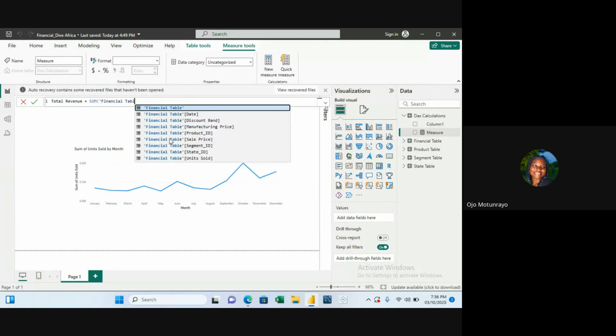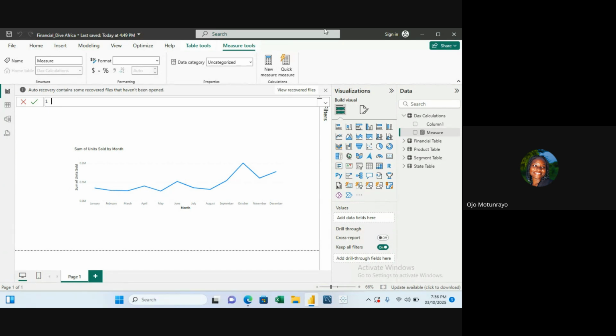But since it's like this, let's just go back to our transform data. Seems I'm omitting something.